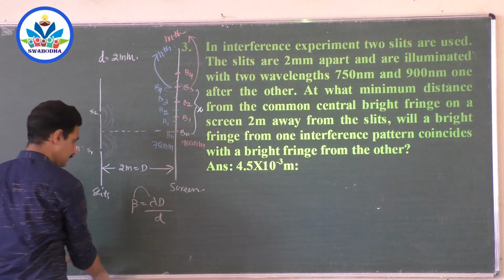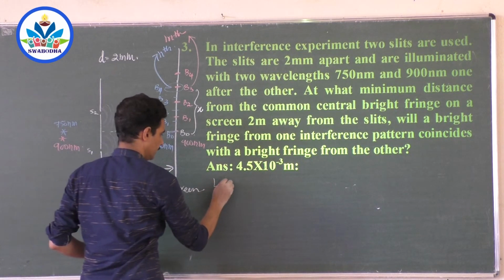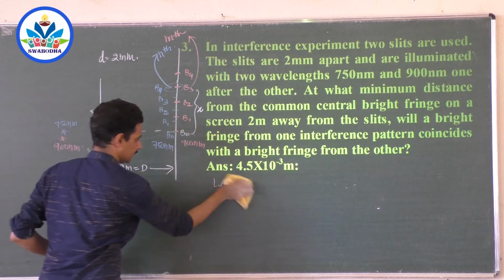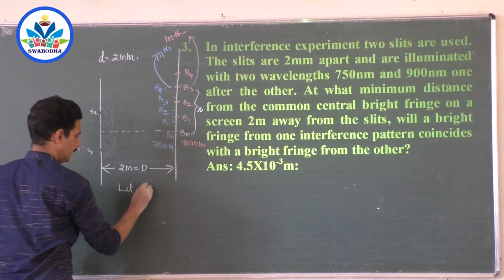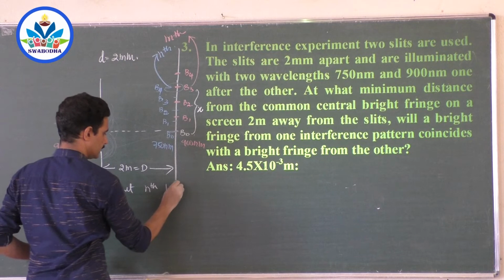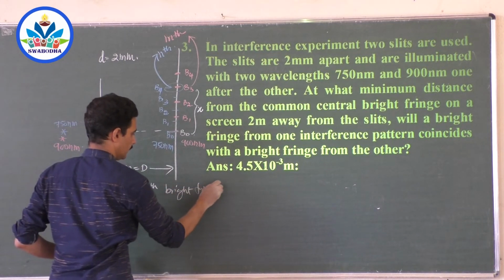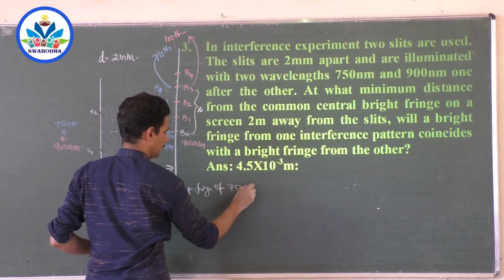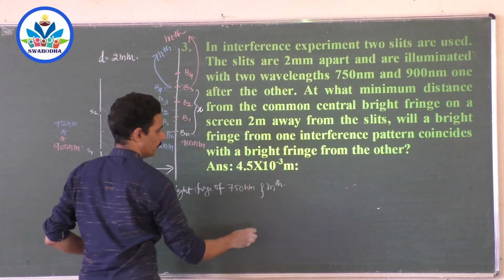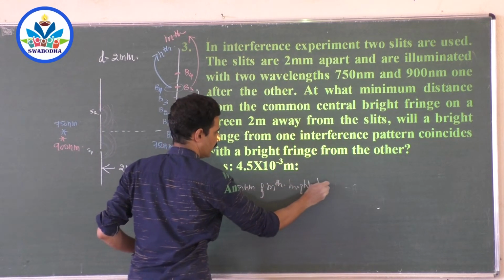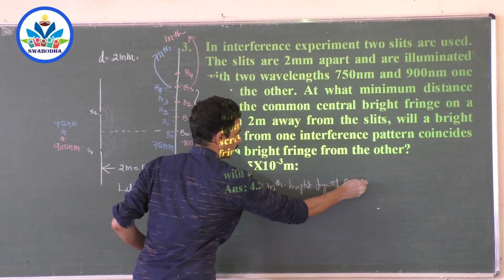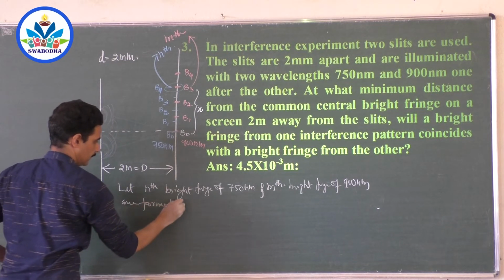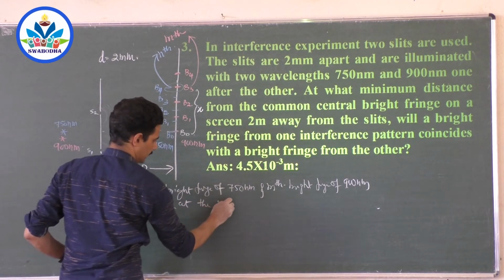Let the nth bright fringe of 750 nanometer and the mth bright fringe of 900 nanometer be formed at the same place. Same point.